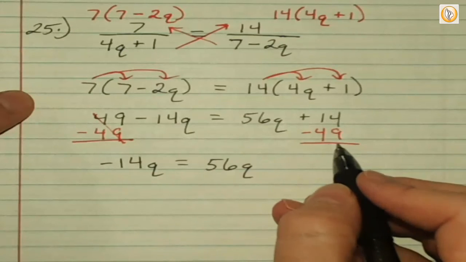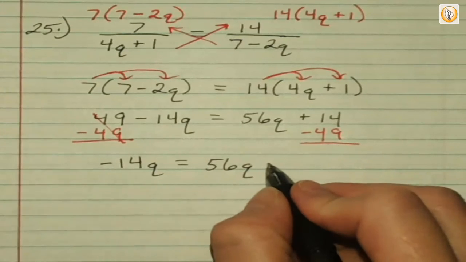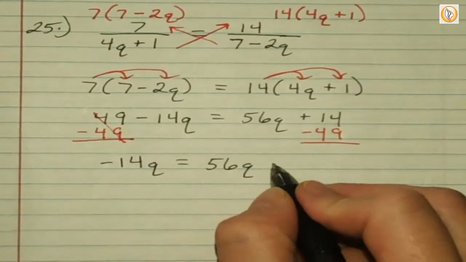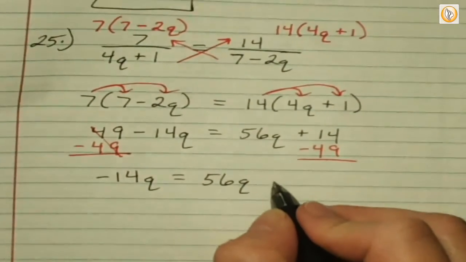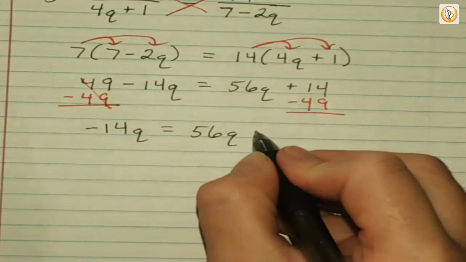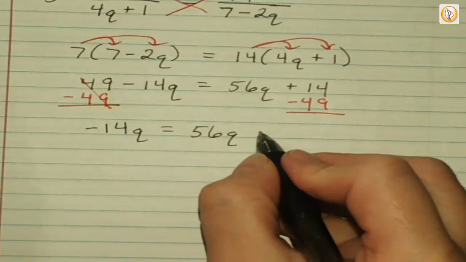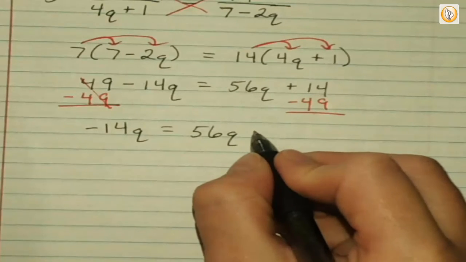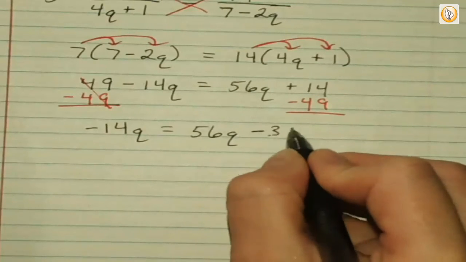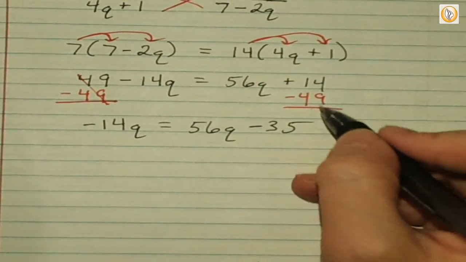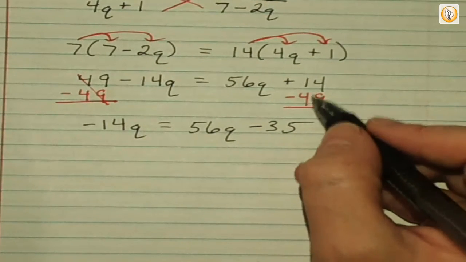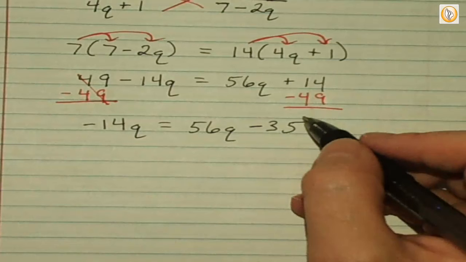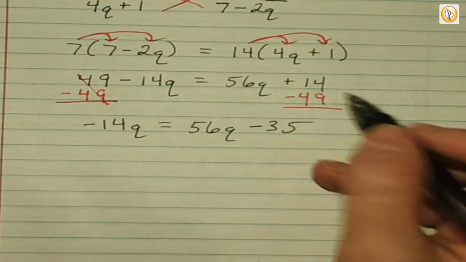Emily, what is 14 and negative 49? 35. Positive or negative? That's right. Negative 35. This is a positive and a negative. The signs are different. We subtract and take the sign of the larger.